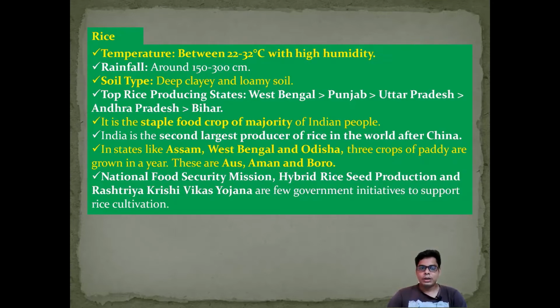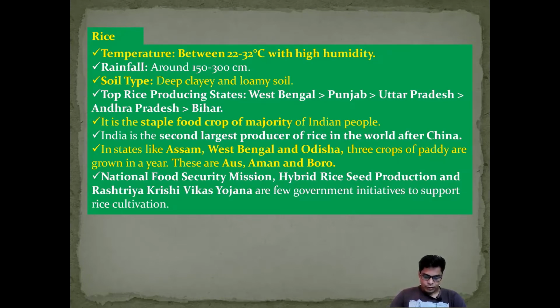States like Assam, West Bengal and Odisha grow paddy three times in a year, and these are Aus, Aman and Boro, the main varieties of rice. The National Food Security Mission, hybrid rice seed production and the Rashtriya Krishi Vikas Yojana are a few government initiatives taken for the development of rice cultivation.